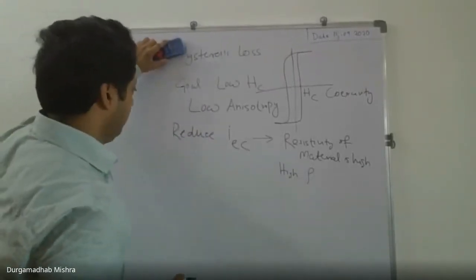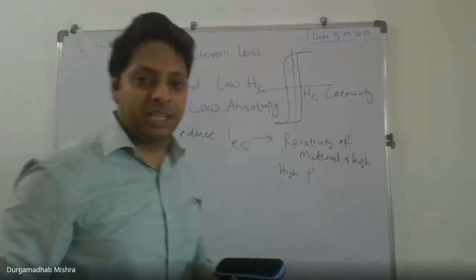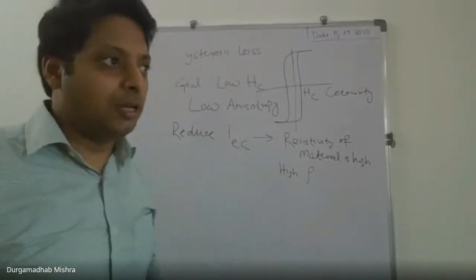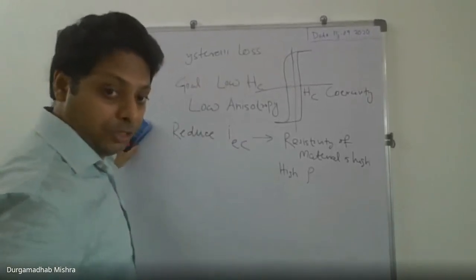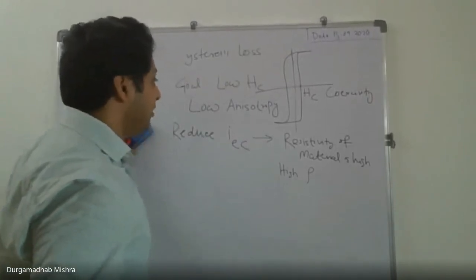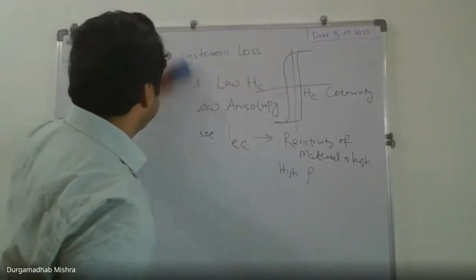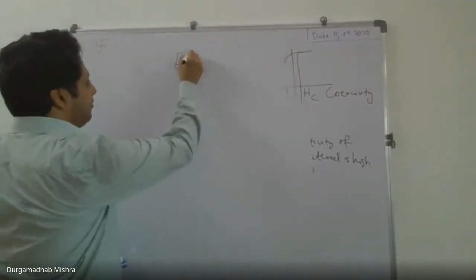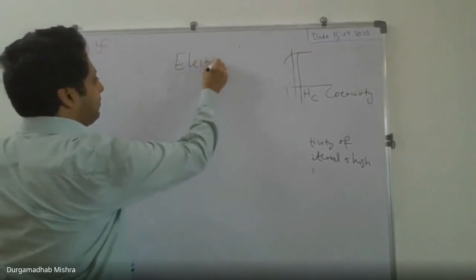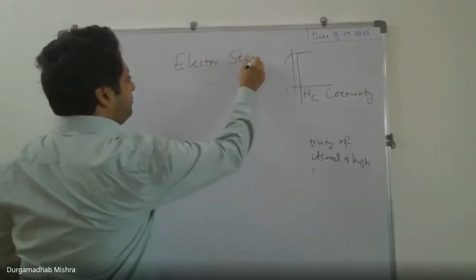So what is the most common material that is used in transformers, or for that matter in most of these electric devices? That is known as electric steel.